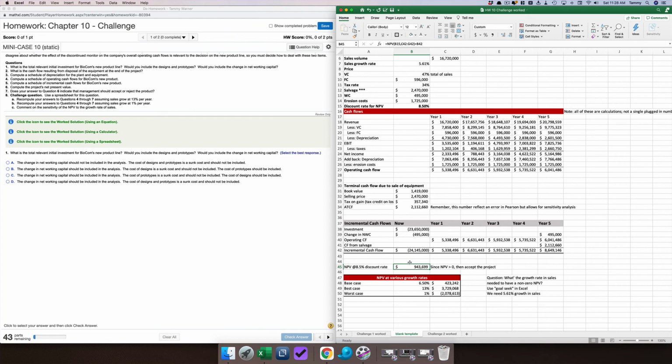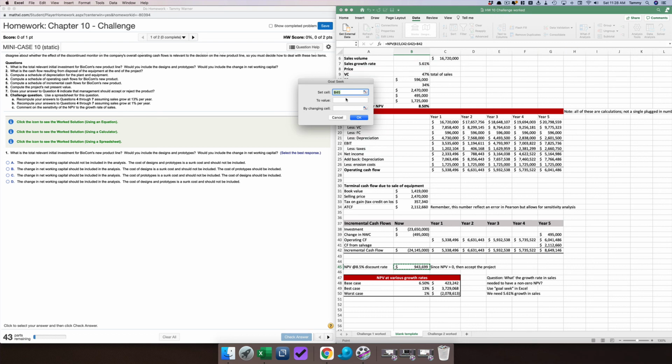So let's see what our break-even, long-term break-even growth rate is that's required then. Okay, so again, we're going to go goal seek. We want to set this value to a penny by changing the growth rate. Hit OK there.